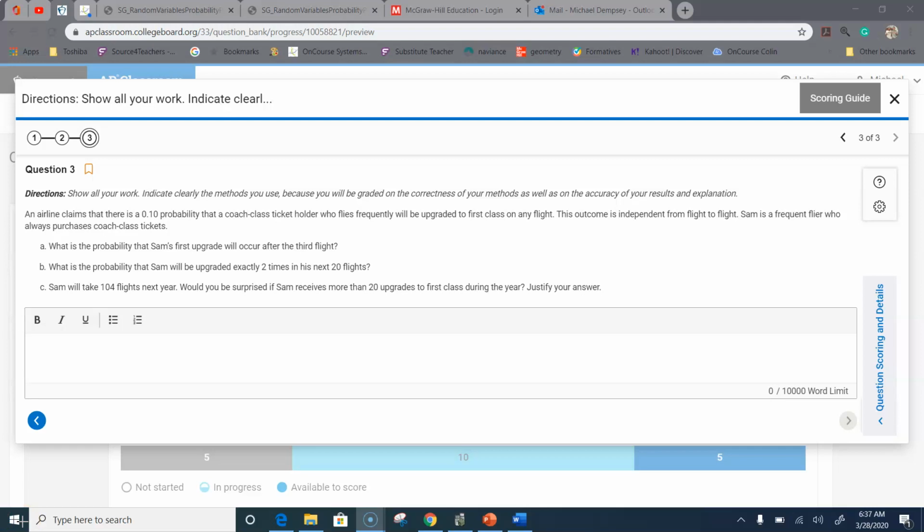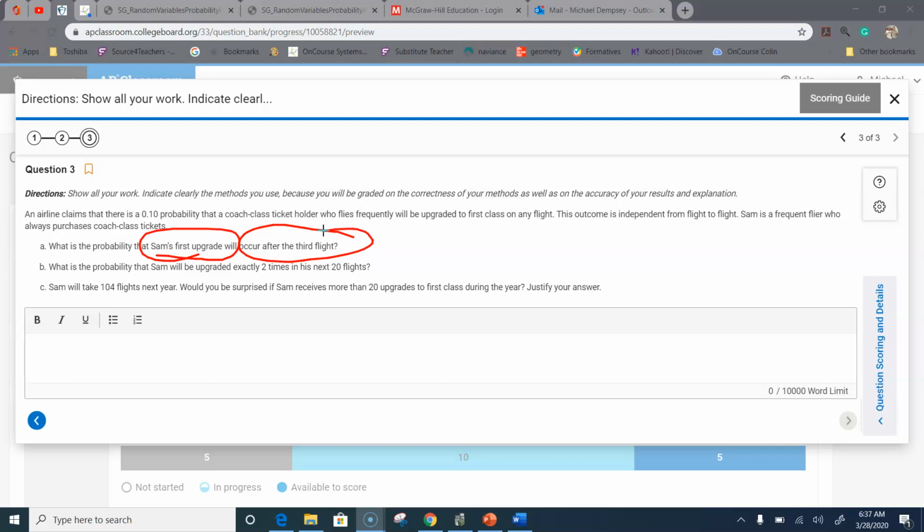So the probability that a coach class ticket holder who flies frequently will upgrade is 0.1. What's the probability that Sam's first upgrade, I don't know if you remember this, will occur after the third flight? This is a geometric setting, but I don't even like to say, oh, it's geometric. I like to approach this from just a basic probability standpoint, okay?